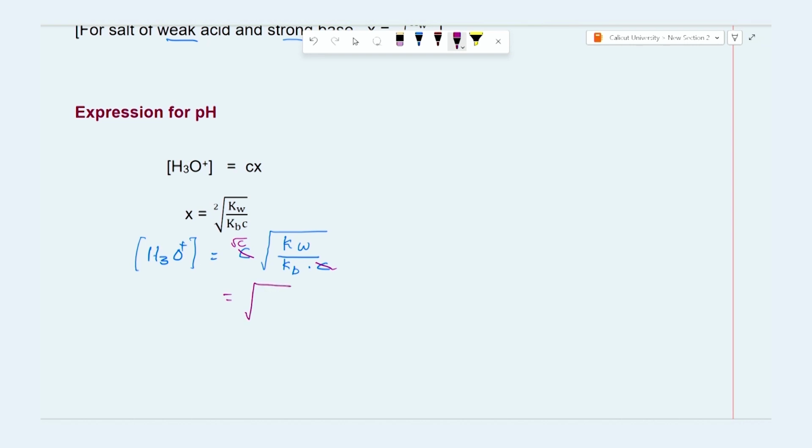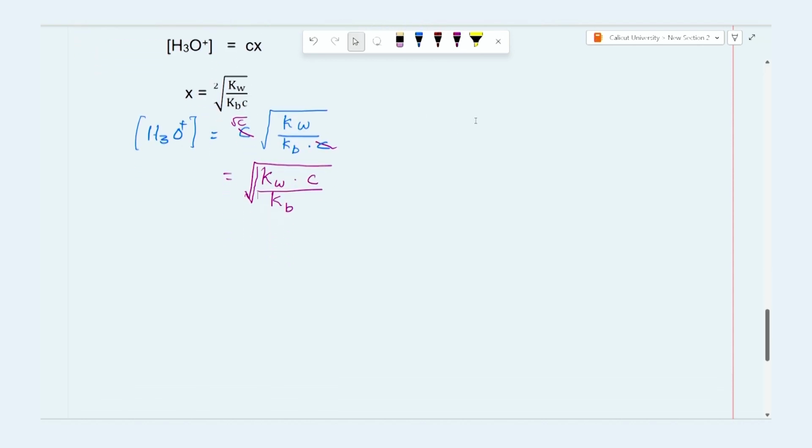That will be square root of Kw into C whole divided by Kb. So, we got it as such.